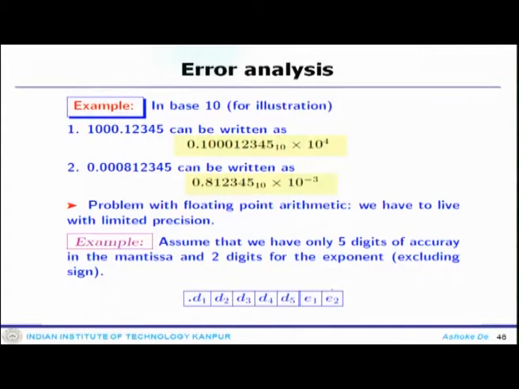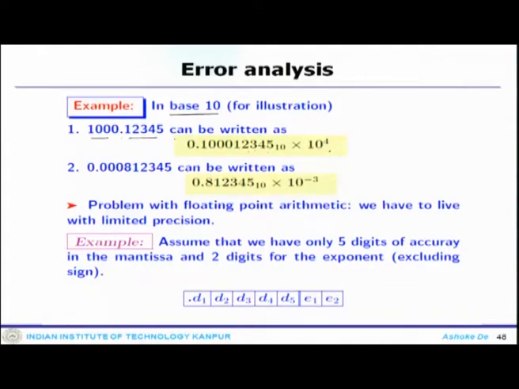Now, in terms of base 10, the number 1000.12345 can be written as 0.100012345 times 10 to the power 4.